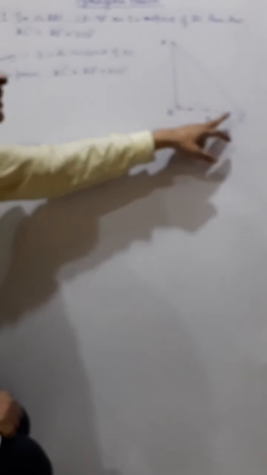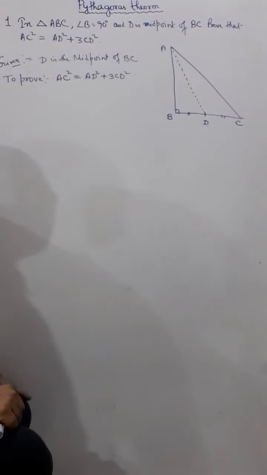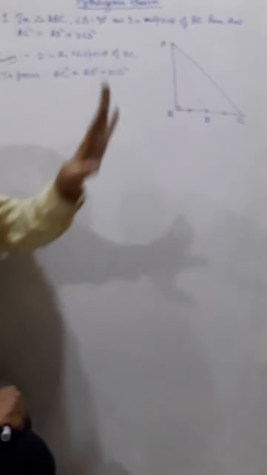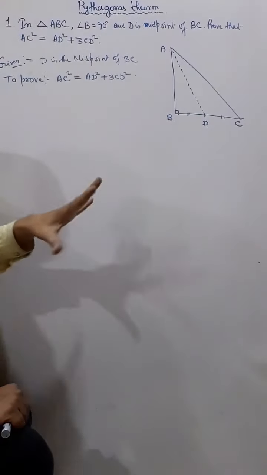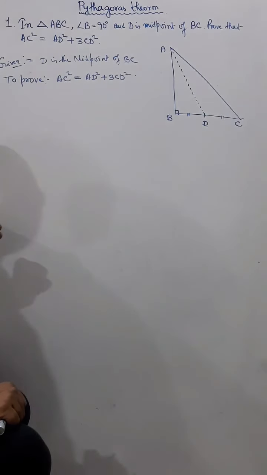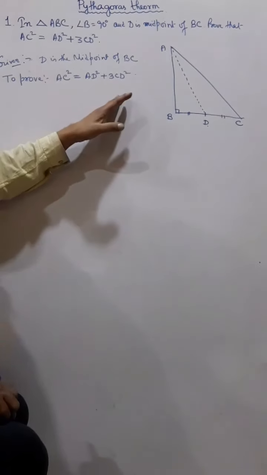I can also say BD equals half of BC, DC equals half of BC, BC equals 2BD, and even BC equals 2DC. So from D being the midpoint, we can put forward so many conclusions, and those will be used for proving.